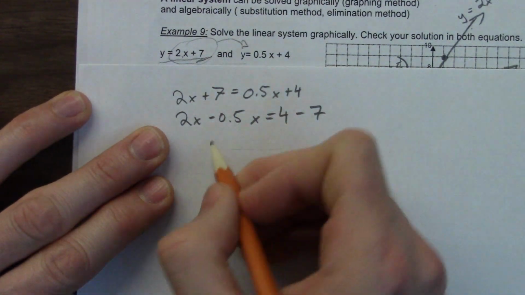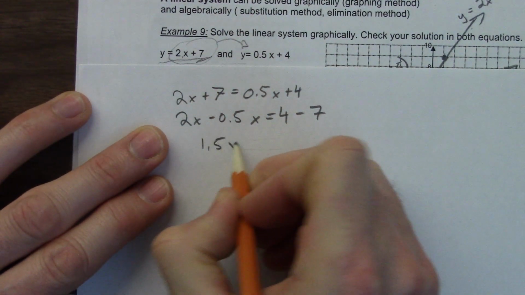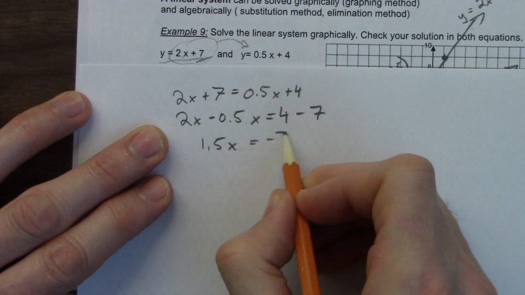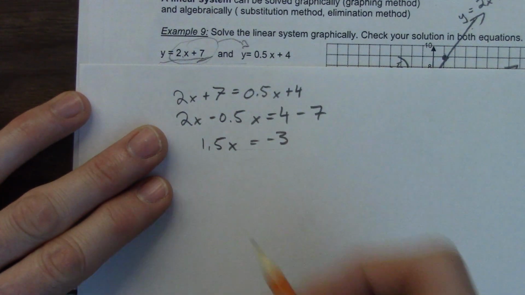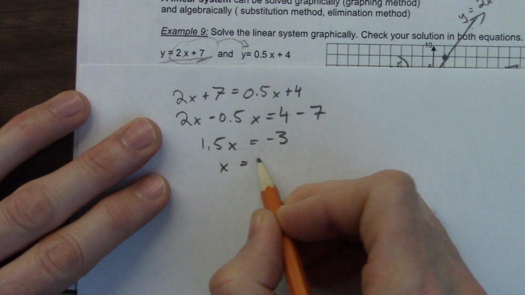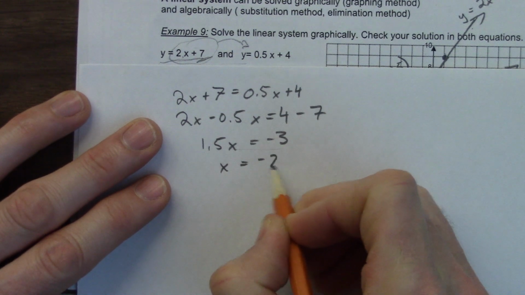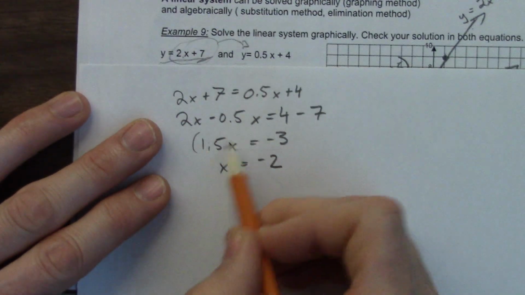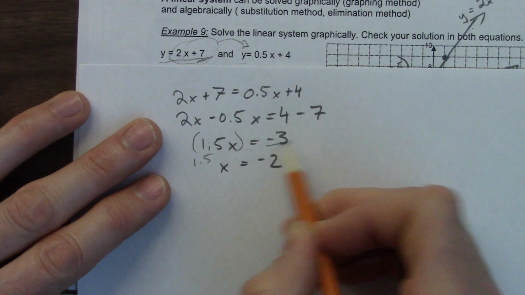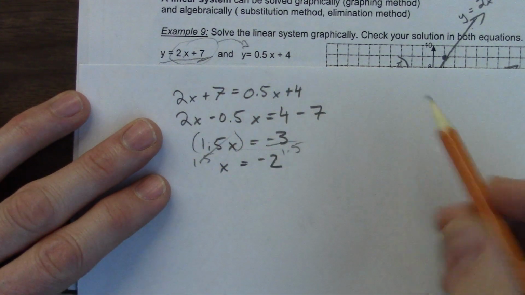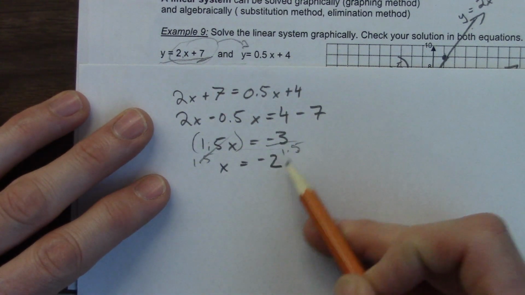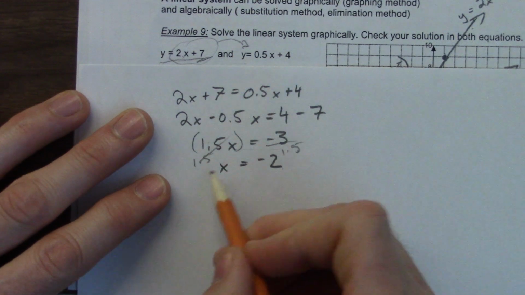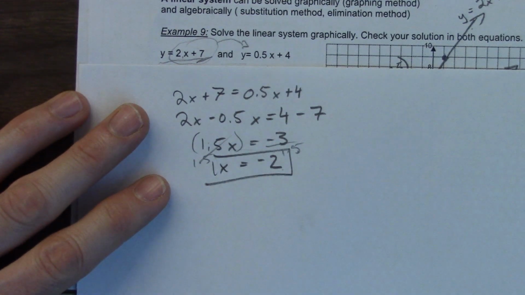We got 2 minus a half, that gives me 1.5x equals negative 3. Then we have x equals negative 2, and I know that because I divide both sides by 1.5. These cross out, and I get 3 divided by 1.5 is 2. I have the negative, so x is equal to negative 2.